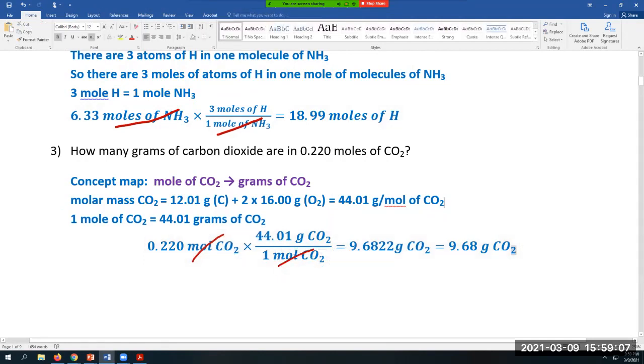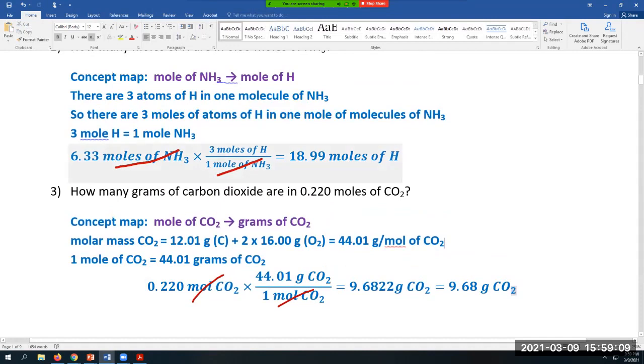So I want to rectify the answer above here because I didn't pay attention to sig figs there. Here, the 3 moles of H per mole of NH3 are all exact numbers, right? They're whole numbers from counting the number of atoms per molecule, so they are not limiting.